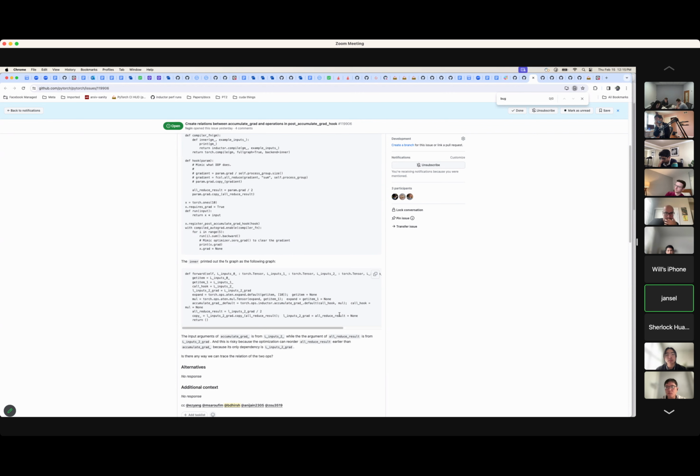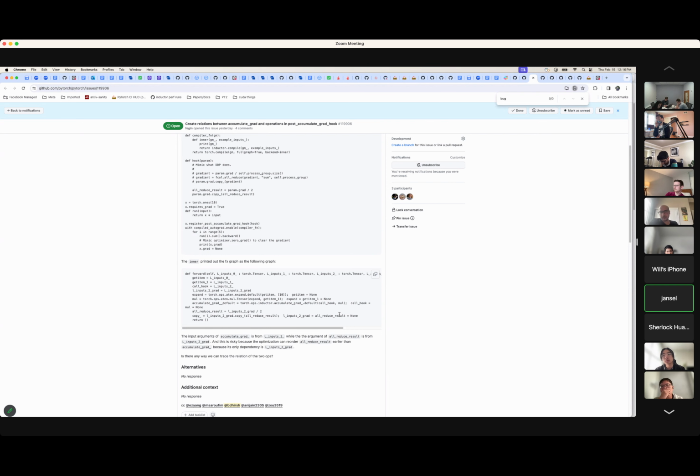I think in practice, once things get to inductor, we're already dealing with non-functional operations in lots of different places. And for performance reasons you sort of have to, because there are some cases where functionalization causes catastrophic performance impacts.